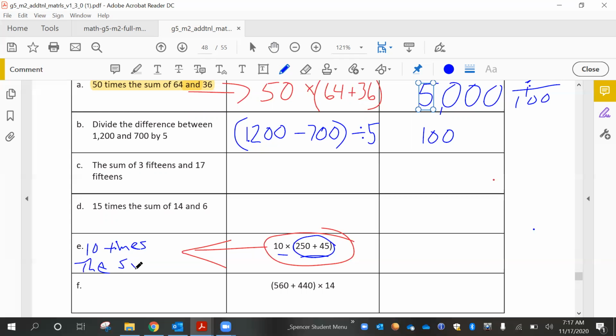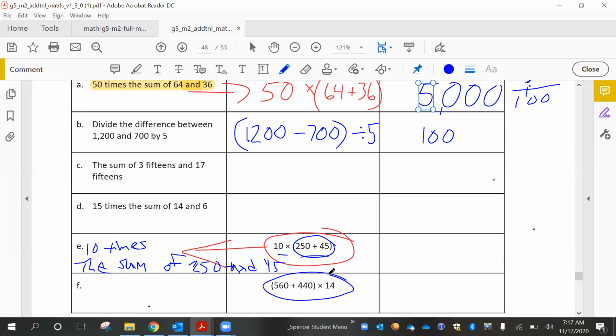The sum. Wow, these annotation tools in Adobe are not as good as Active Inspire. 10 times the sum of, even when I'm using my good stylus, of, that's right, 250 and 45. Wow, I really don't like this. I'm not going to use Adobe ever again to work with you guys because it's really challenging.